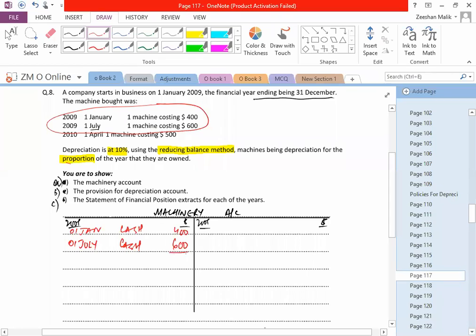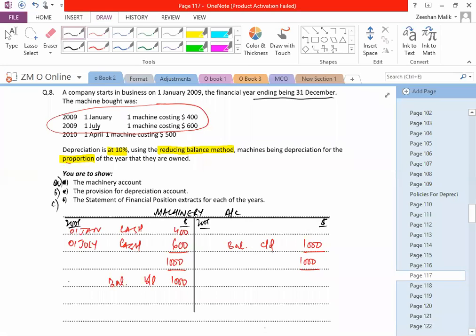There are two assets on 1st Jan and 1st July, again against cash with a value of 600. That's all. Accounts close, balance is transferred, balance carried down, and balance brought down. The same way, balance carried down and balance brought down. It was transferred from 2009 to 2010. What happened in 2010?